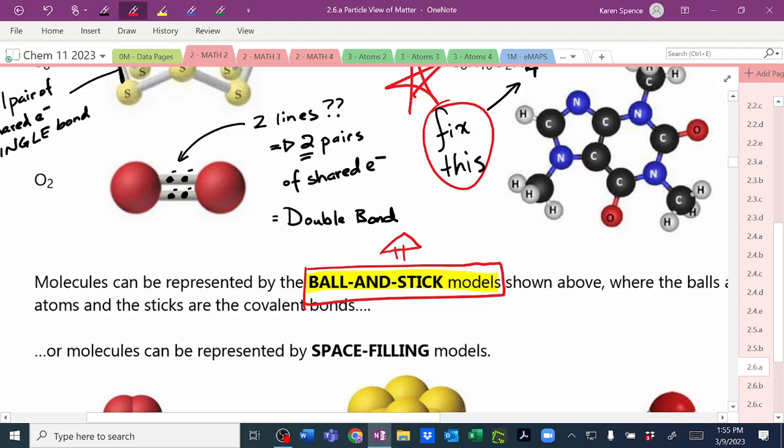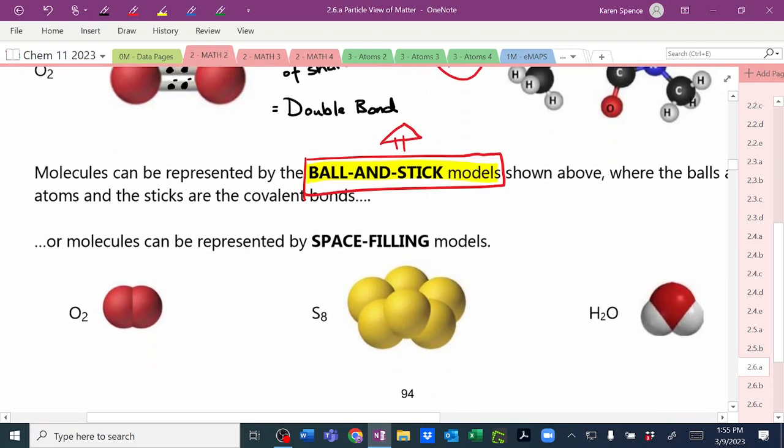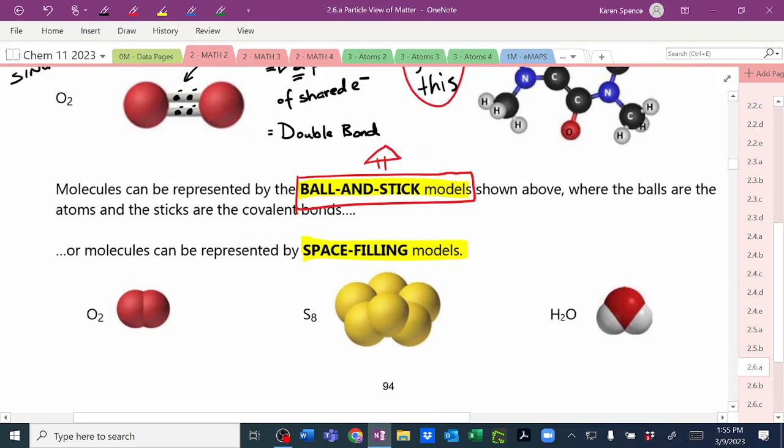There is another way of showing them, which is probably more accurate. And it just sort of shows that the atoms really, there's no actual stick for the bond. They're just sort of overlapping one another. And those are called space filling models. Okay, and you can see O2, there's no longer 2 sticks in between.